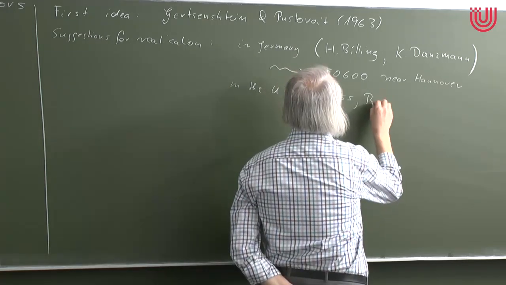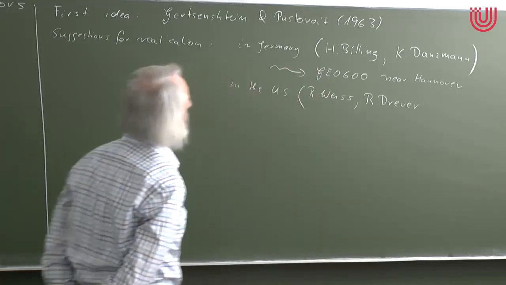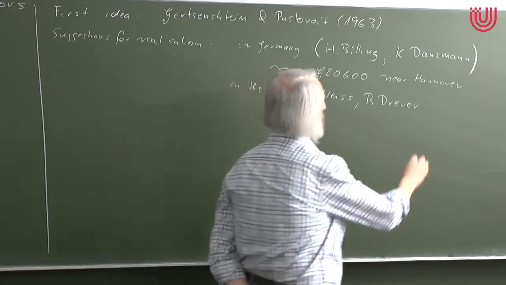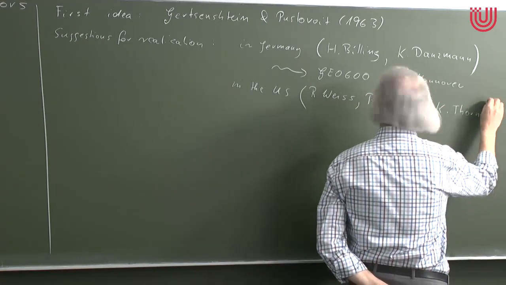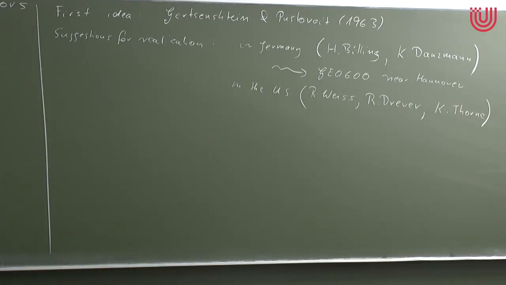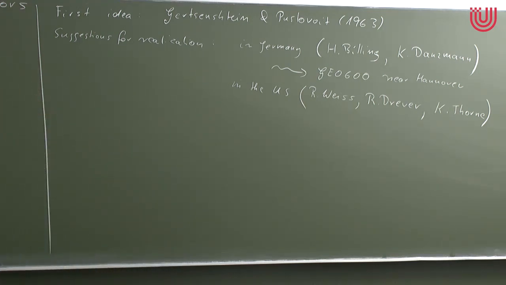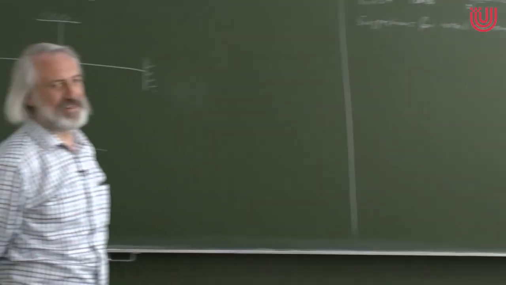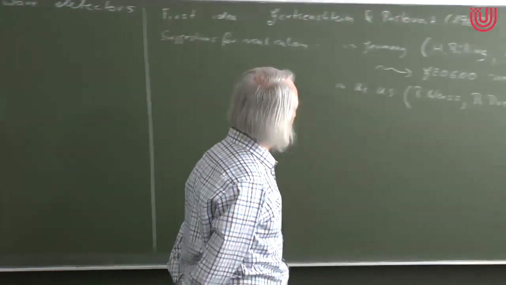Then there was Ron Drever, an experimental physicist, a Scotsman, and the theorist in the game was Kip Thorne. You know this name, I think. He was a scientific advisor for the movie Interstellar. I'm not saying that it was the biggest thing he did in his life, but it's certainly what made him best known to the general public.